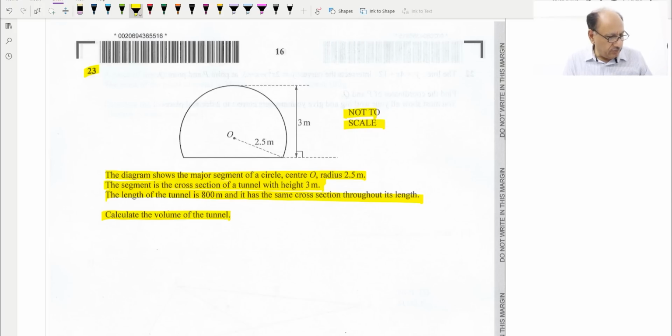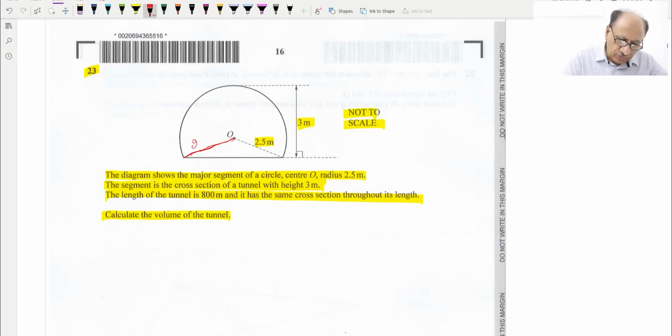So for the volume of the tunnel, we require the face area, and for face area we need to find this triangle area. The radius is 2.5 meters, and the height is 3.